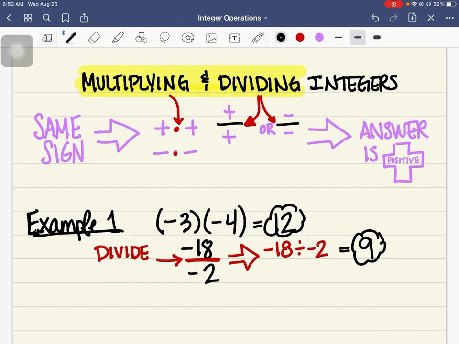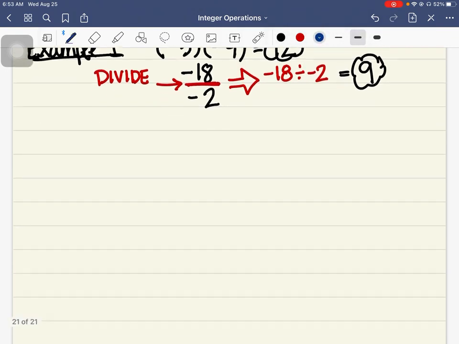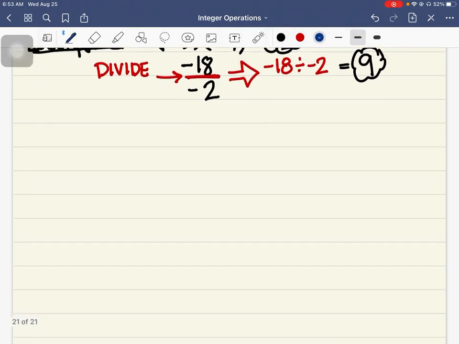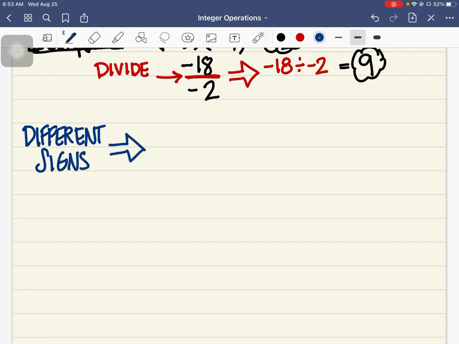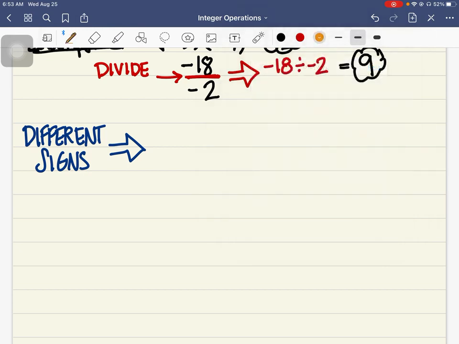Then, if they have different signs, and we're multiplying and dividing, let's say we have a negative times a positive, or a positive times a negative. It doesn't matter what order it's in.